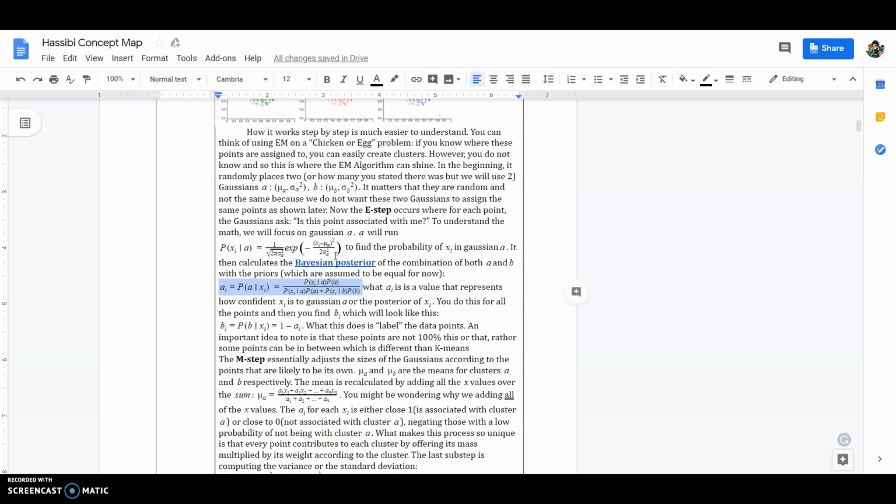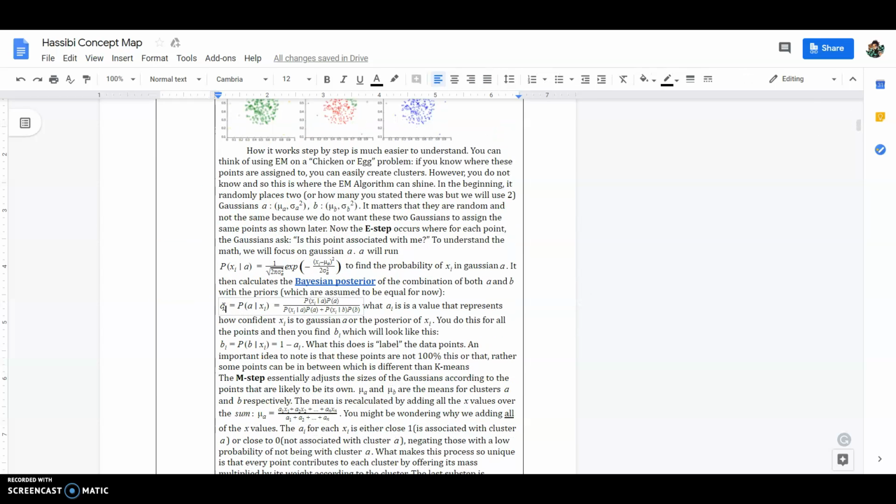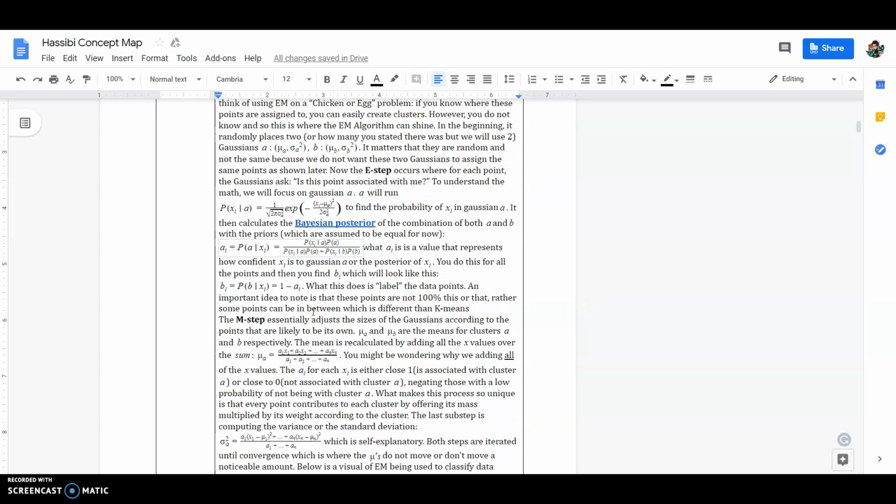And here it is. So A of i is the confidence level that x of i belongs to Gaussian A. So for x of 1, it can be A of 1 for that, and this variable is tied with that.